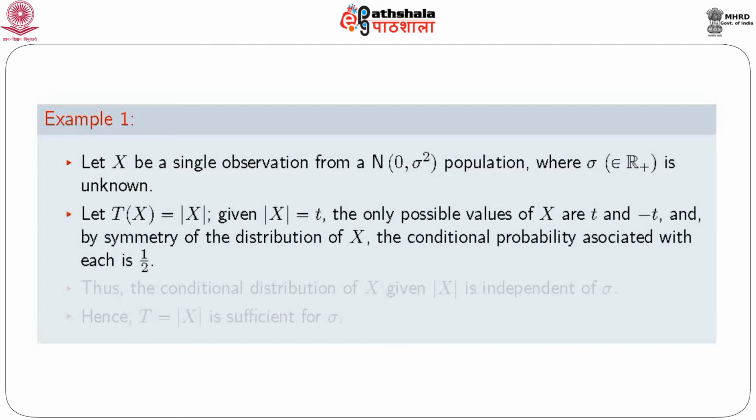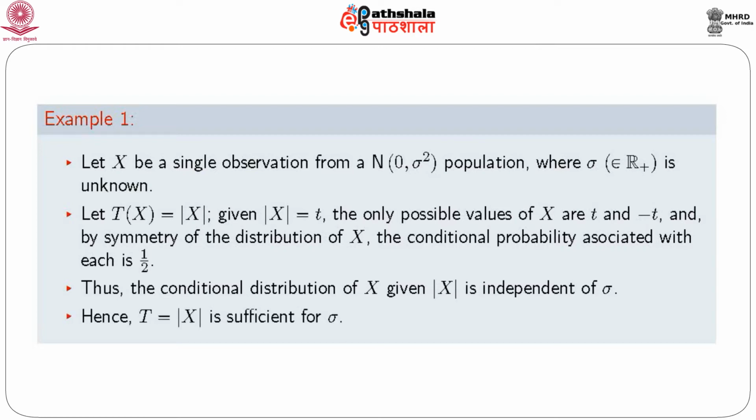Let T(X) equals to mod X. Given mod X equals to T, the only possible values of X are plus T and minus T, and by symmetry of the distribution of X, the conditional probability associated with each is half. Thus, the conditional distribution of X given mod X is independent of sigma. Hence, T equals to mod X is sufficient for sigma.